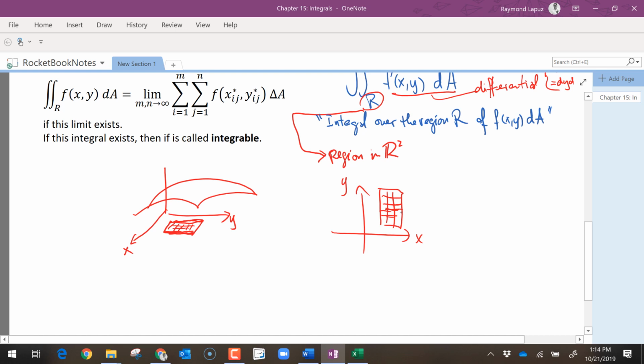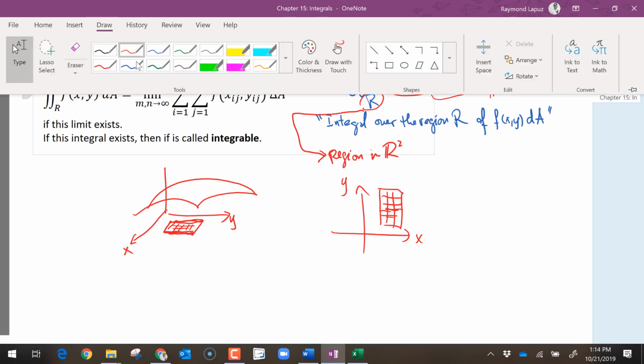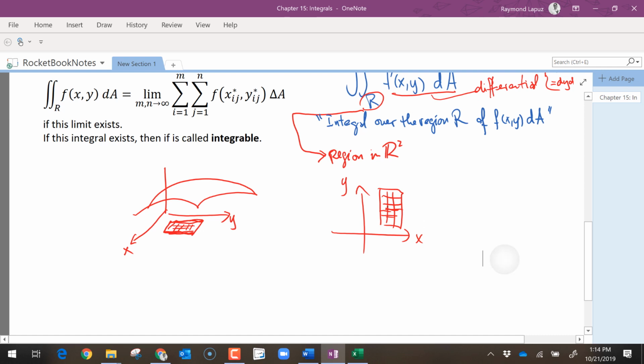Well, we break this up into little regions. And then for each of these little boxes, maybe I'll choose a different color here. I randomly select maybe a box somewhere in the middle. Say for that box in the middle somewhere, what I want to do is find the height that goes up to the surface.